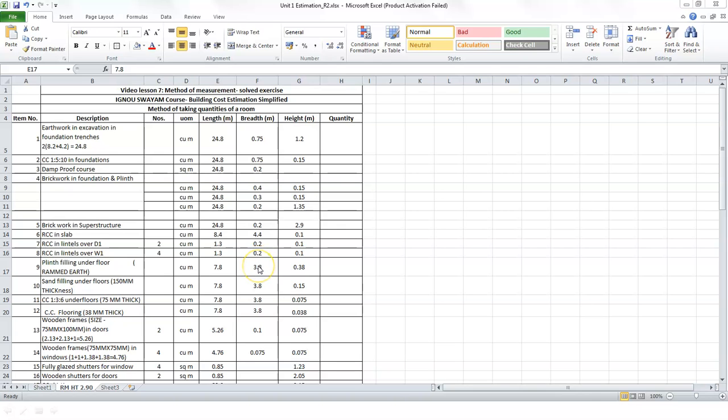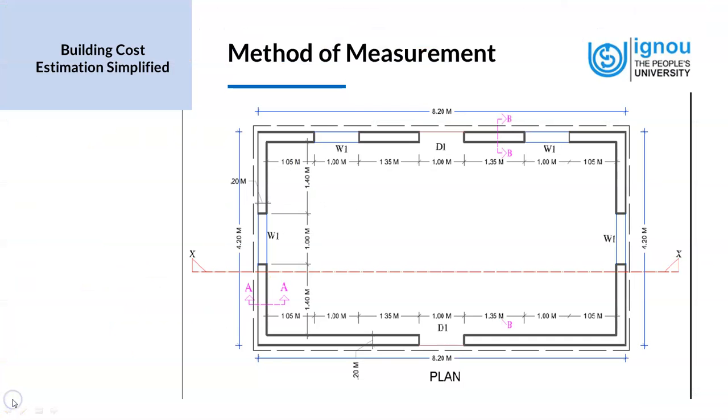Now let's look at the breadth. To find the breadth of the rammed earth, we're looking at the building from this side. We have the outer dimension as 4.2 meters, outer wall to outer wall. We saw in the section that the width of the brick wall on both sides will be deducted. So basically, we'll only have the internal dimensions of the room, because that is the only area that we will be filling with earth.